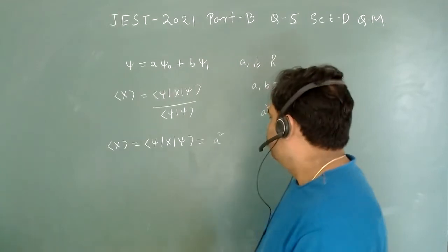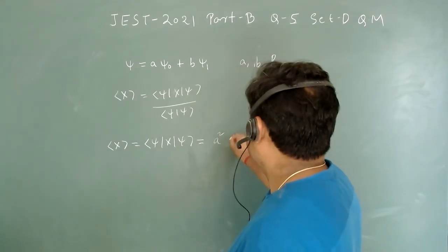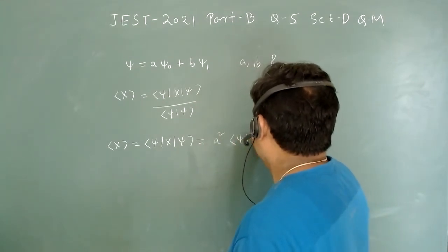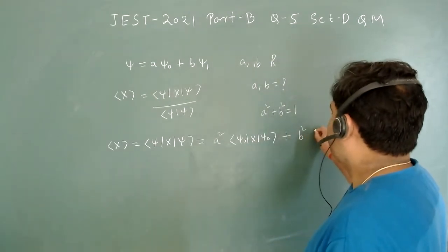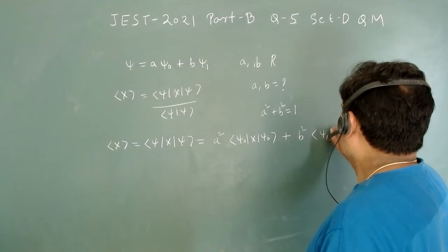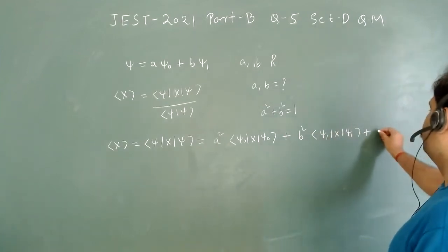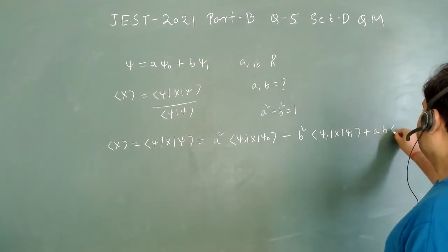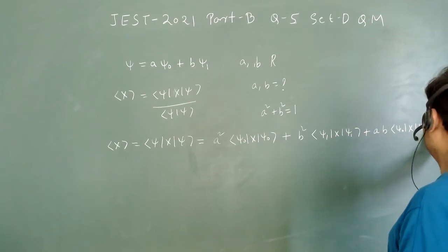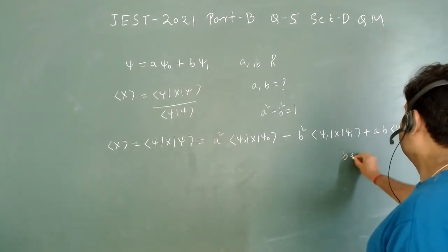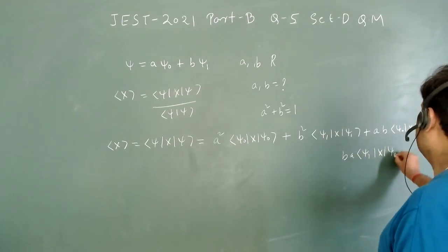This is equal to A square psi naught X psi naught plus B square psi 1 X psi 1, plus the cross term AB psi naught X psi 1, plus another cross term BA psi 1 X psi naught.